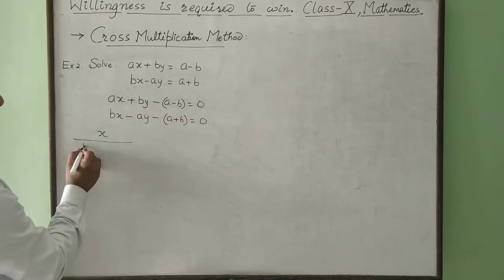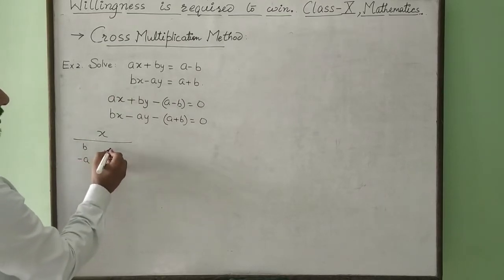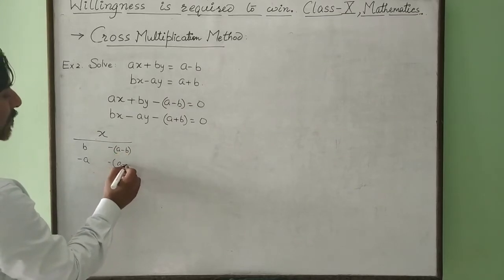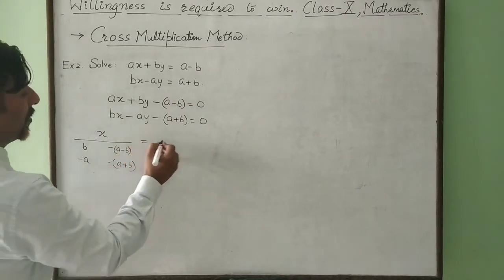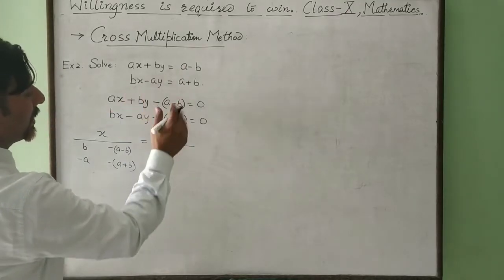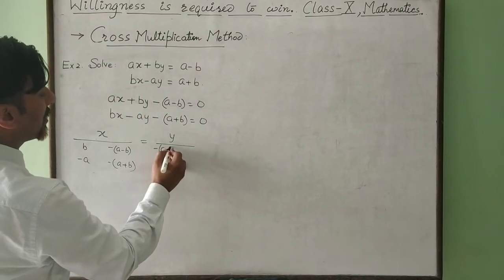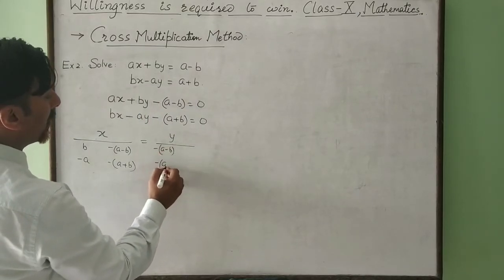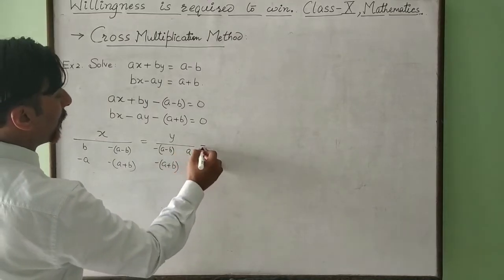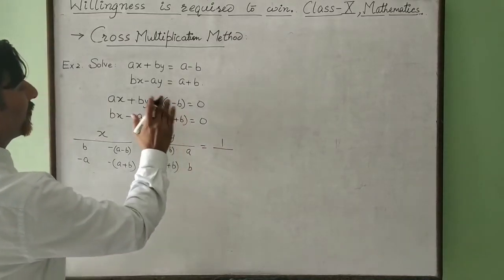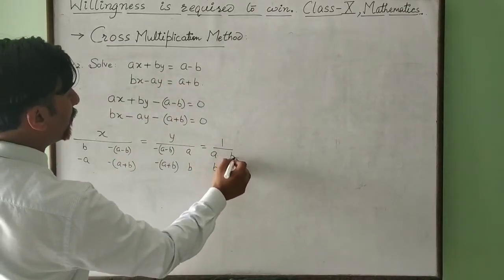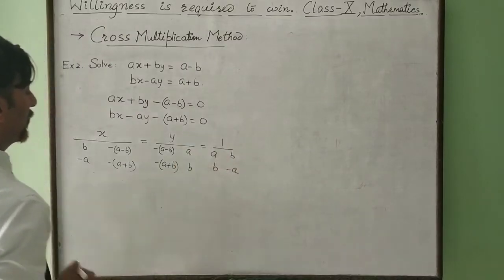Now what we have, b minus a and minus a minus b and minus a plus b. On the coefficients of y, we will hide this and then we'll move on to minus a minus b and then minus a plus b. And then we have a, b. For the constant, we'll hide this, then we have a, b and b minus a.